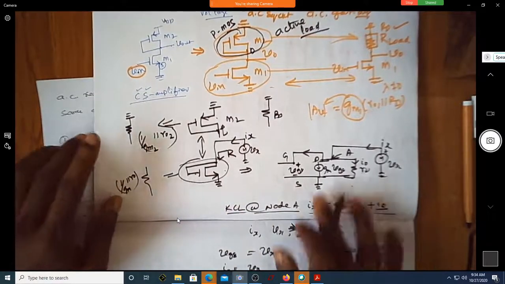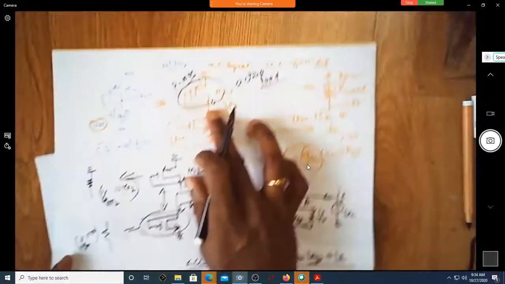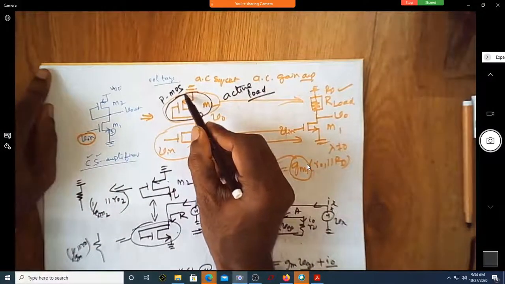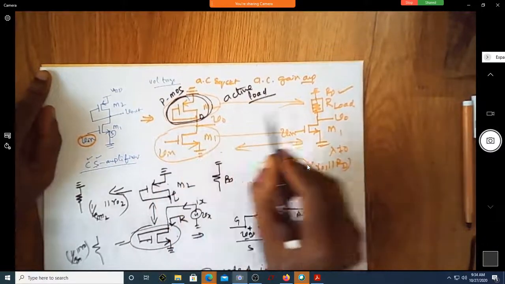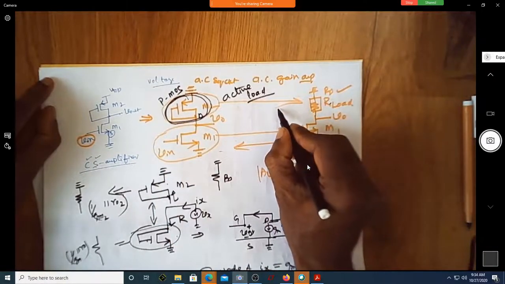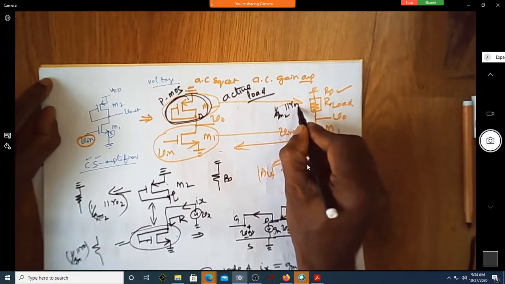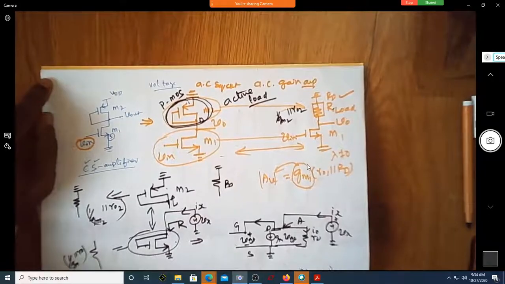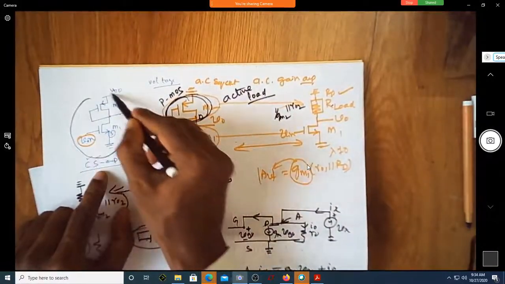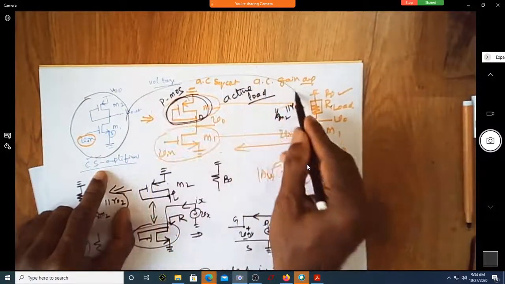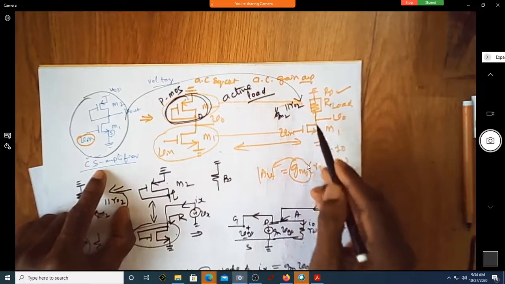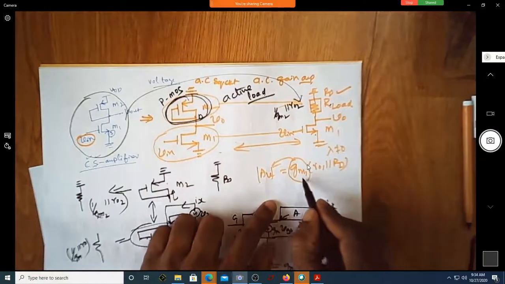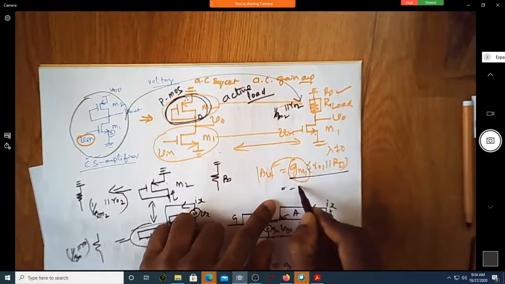So in this circuit, can I replace this complicated circuit as a simple resistor whose value is 1 over Gm2 in parallel with R02? Suppose this complicated circuit reduces to something like this, whose load is 1 over Gm2 in parallel with R02 and an M1 resistor, is the expression of gain not simple now?